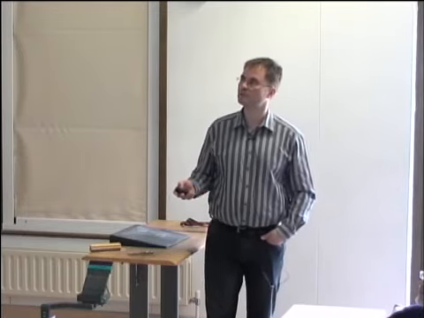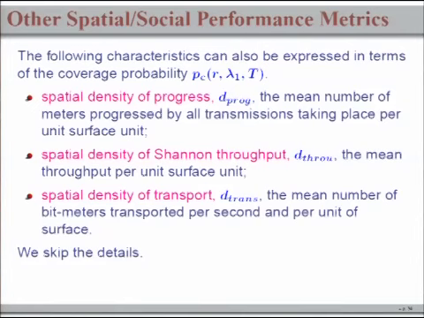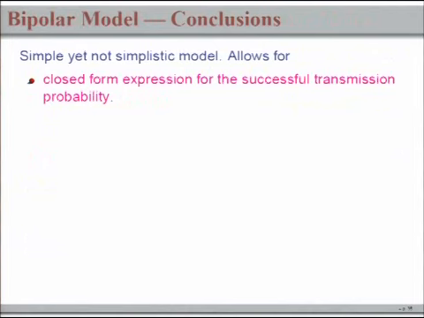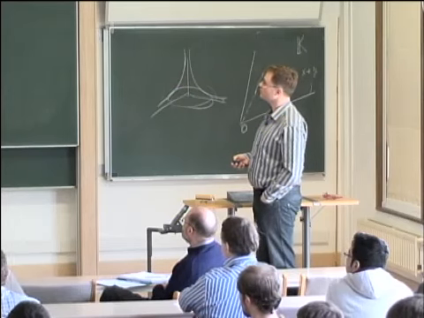There are other spatial performance metrics like spatial density of progress, spatial density of Shannon throughput, spatial density of transport. I don't even have to define them. Just let me show the conclusion for this simple model. It's a very simple model.